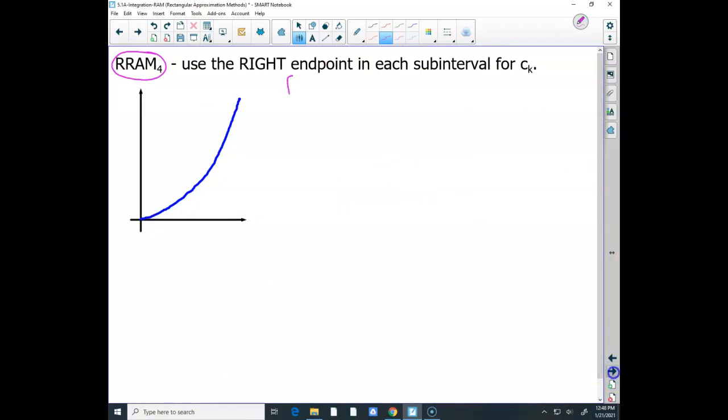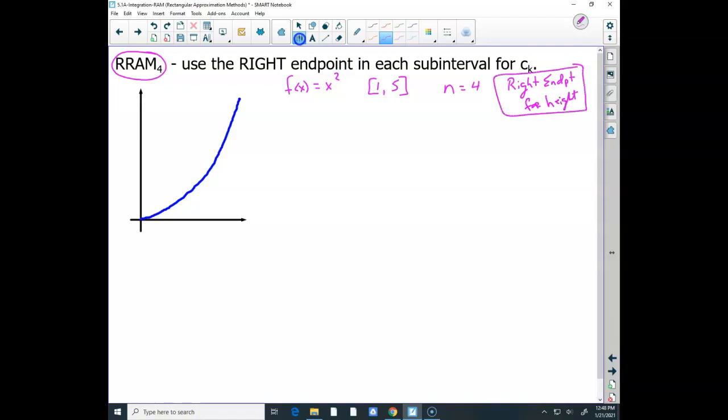Okay, remember, f of x, it's still the same problem, x squared from 1 to 5 with n equals 4, which means 4 rectangles, but now we're using the right endpoint to find the height. Right endpoint for height.